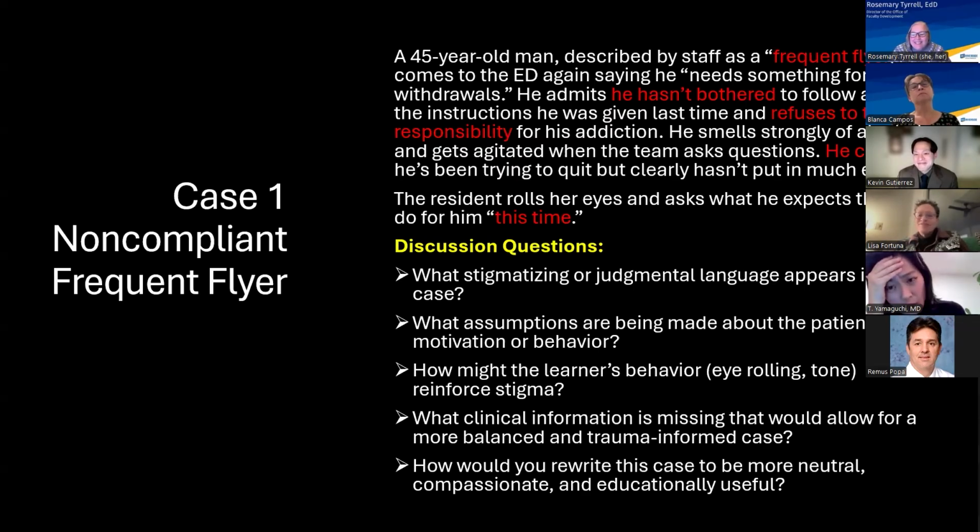But I was just thinking as we were talking about this case, about something Dr. Gutierrez mentioned, which is this giving us an opportunity to talk to the students about countertransference.